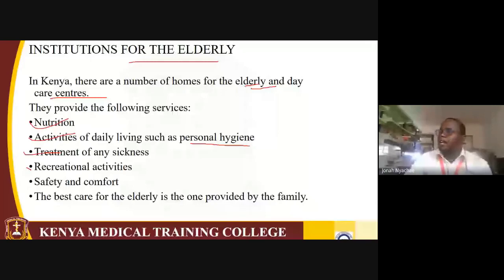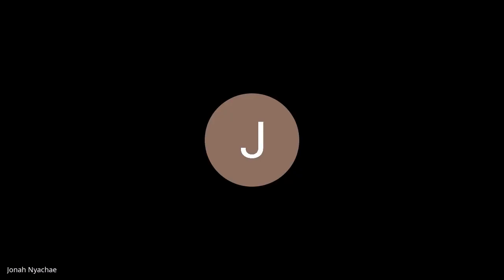You can go there and talk among one another. There is also safety and comfort. And the best care for the elderly is the one provided by what? Our family. Family is very, very important.